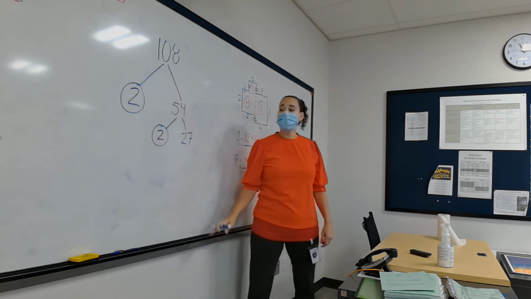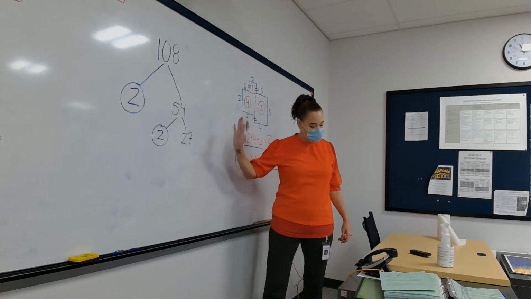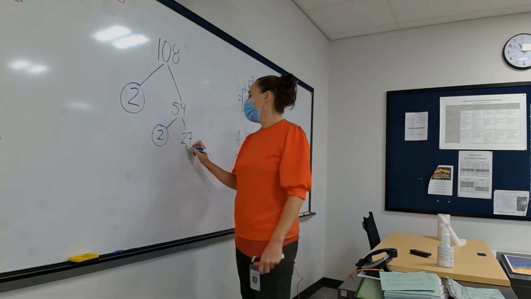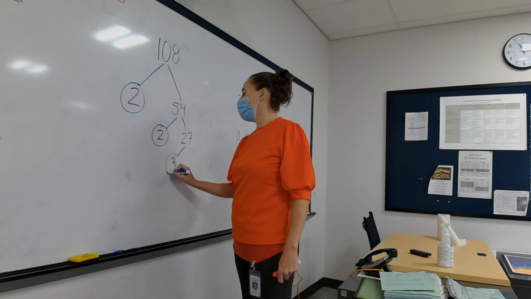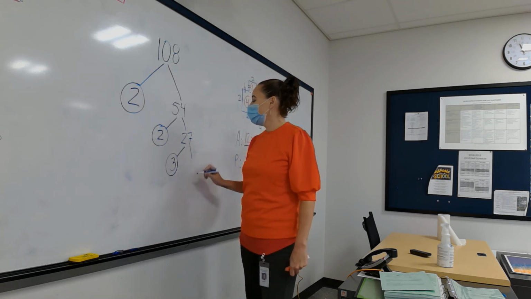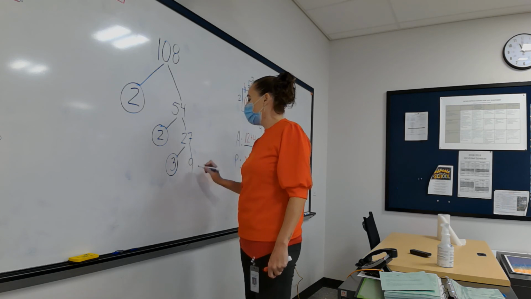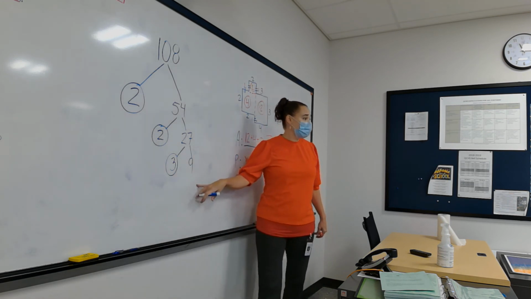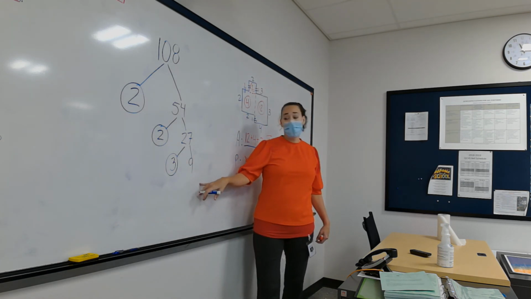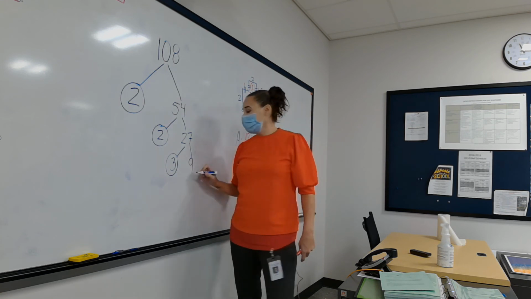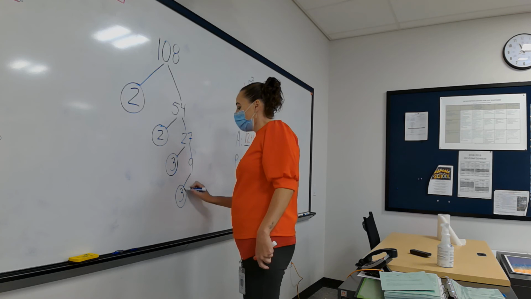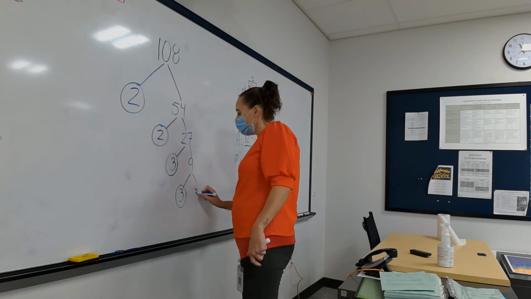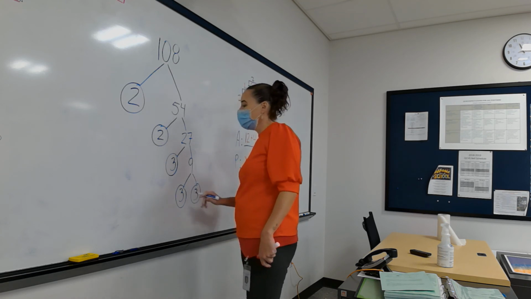Okay, 27 is a composite number, so you have to keep factoring out. So I would say 3, which is a prime number, so I circle it, times 9. 9 is a composite number because more than 1 and 9 go into it, right? Because 3 times 3 is 9. So now you are left with just your prime numbers, right?